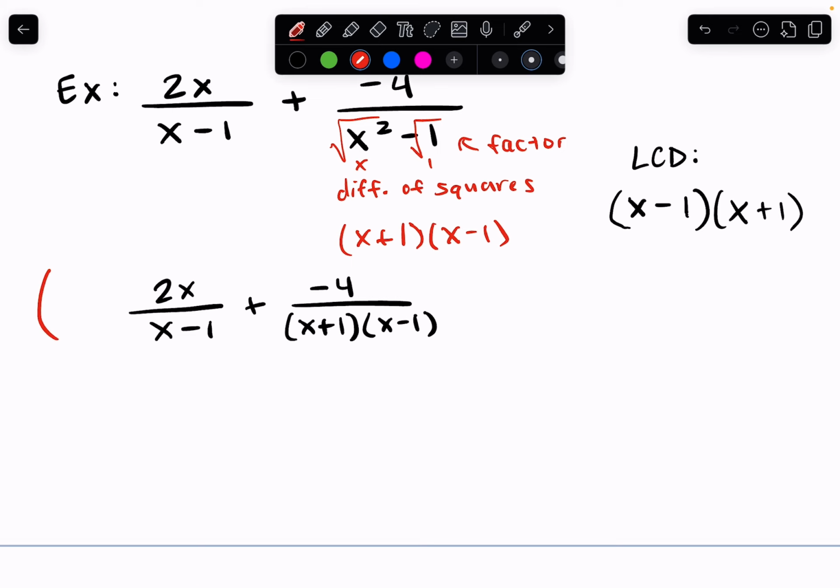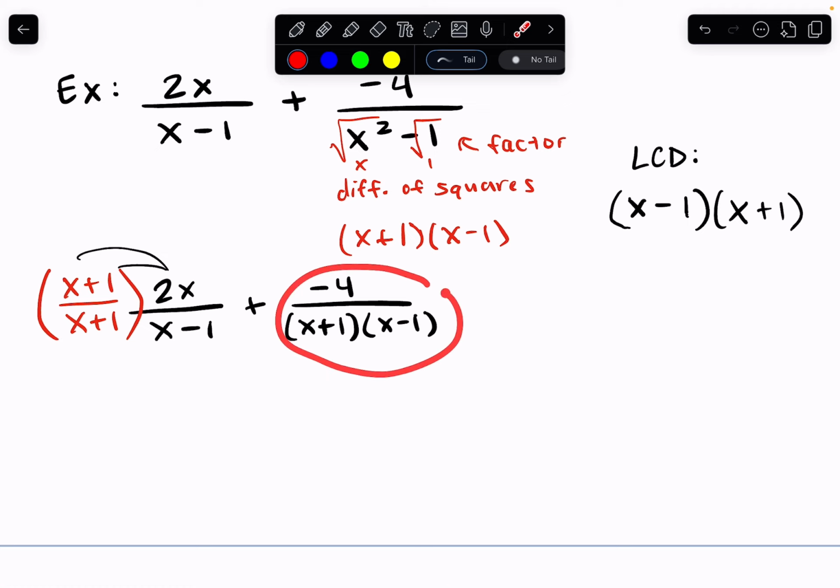And so here I know I can multiply this by x plus 1 over x plus 1 because that's what it's missing. And so we're going to go ahead and distribute these. I don't have to worry about the second fraction because it already has that denominator on the bottom. So we distribute. You're going to be having 2x squared.